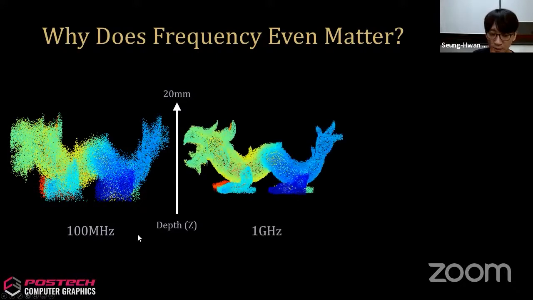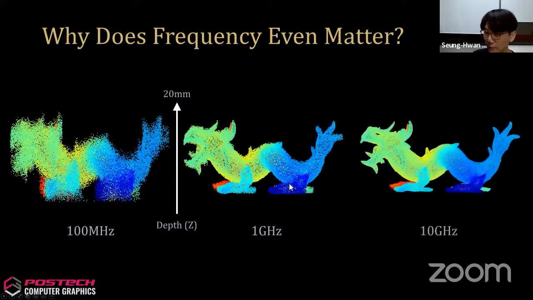However, if we increase the modulation frequency by 10 times, to 1 gigahertz, suddenly we can estimate the rough geometry of this dragon. If we increase it up to 10 gigahertz, we can see the fine details of this dragon, right? This example gives you a sense of how important modulation frequency is in terms of depth resolution and precision.